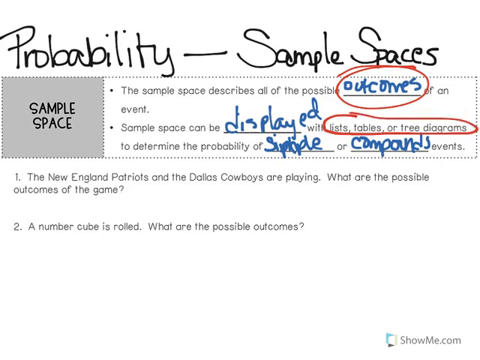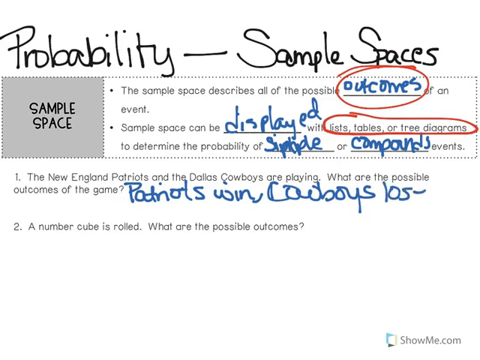For example, number 1, the New England Patriots and the Dallas Cowboys are playing. What are the outcomes? Well, if you play a game, the outcome is the Patriots win and the Cowboys lose. Is that the only outcome?